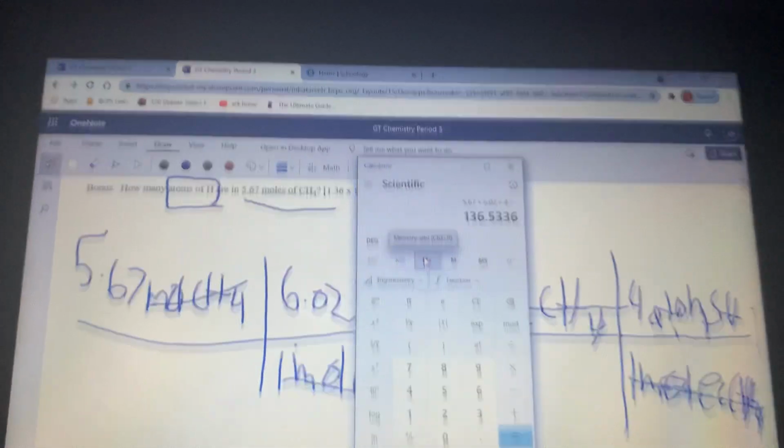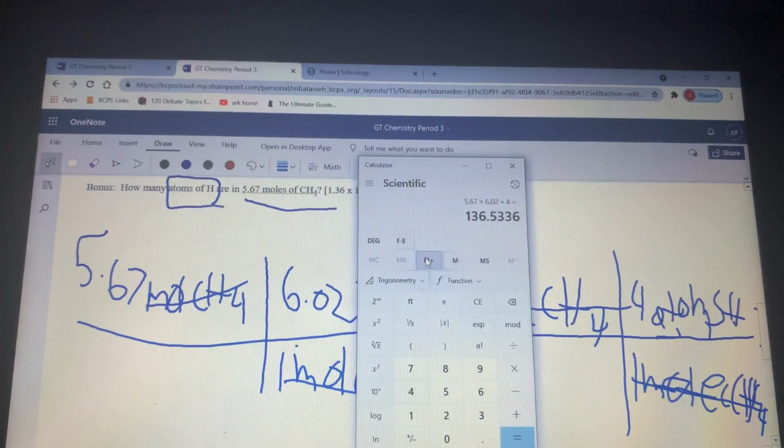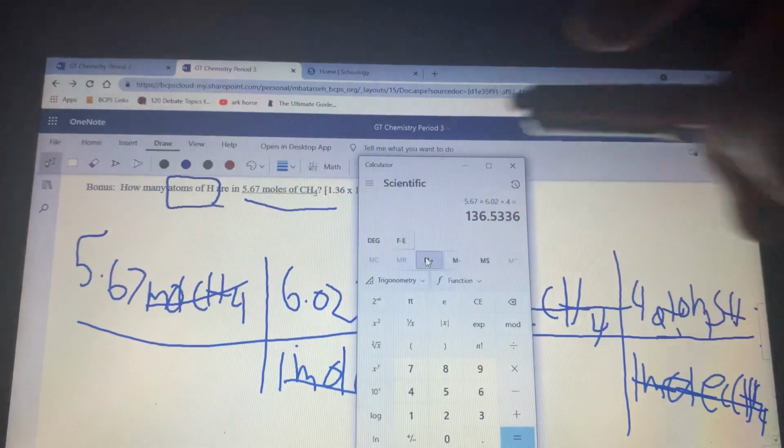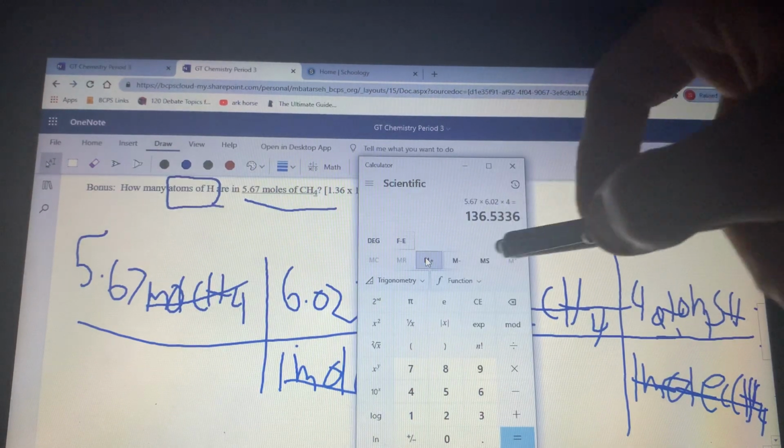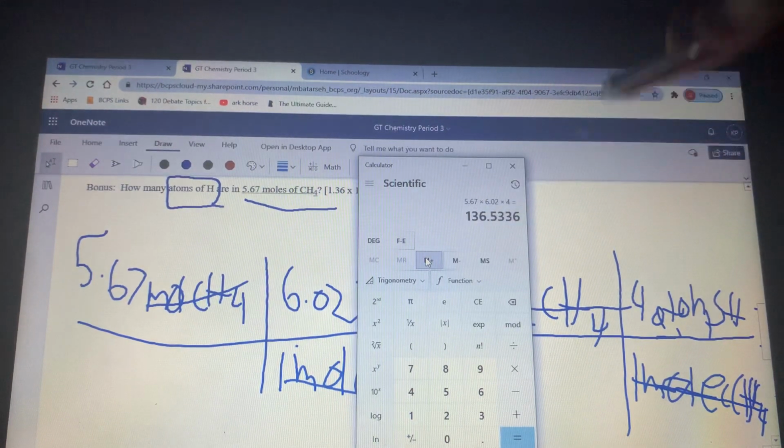But 136 is not between 1 and 10, so you have to move it over to the left twice. When you move to the left, you increase the exponent. When you move to the right, you decrease it. We move to the left twice, so we increase it by 2. 23 plus 2 is 25. When we move it over twice, we're left with 1.36.